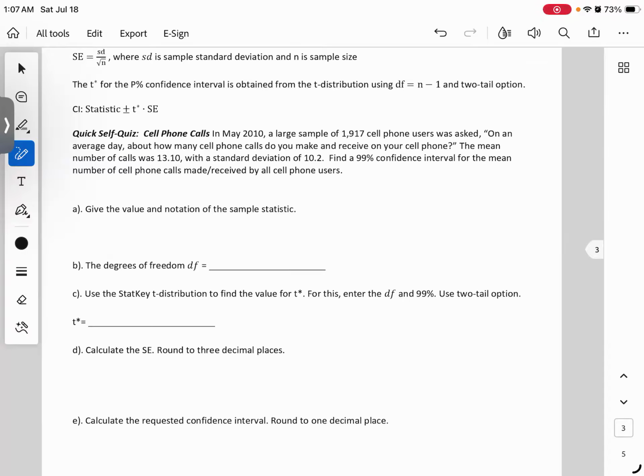The only thing I want to mention is that your degree of freedom is your sample size minus one, and then they want a 0.99.